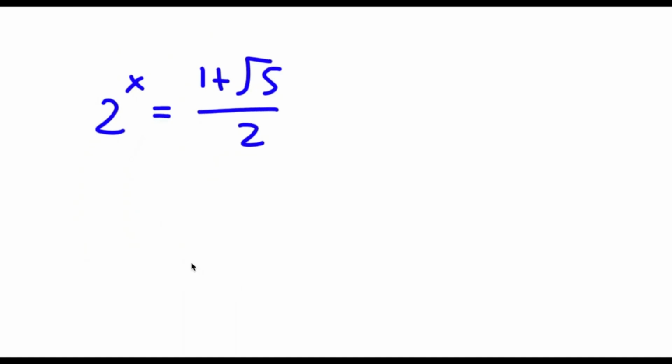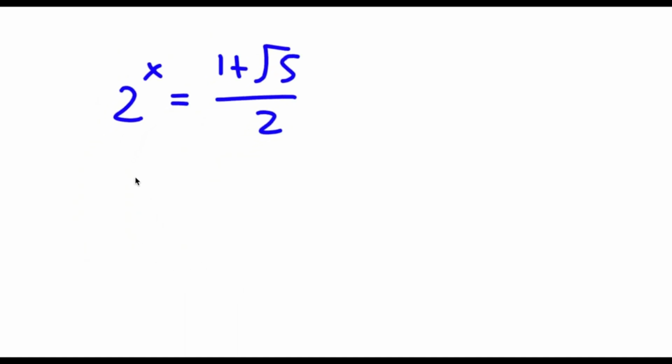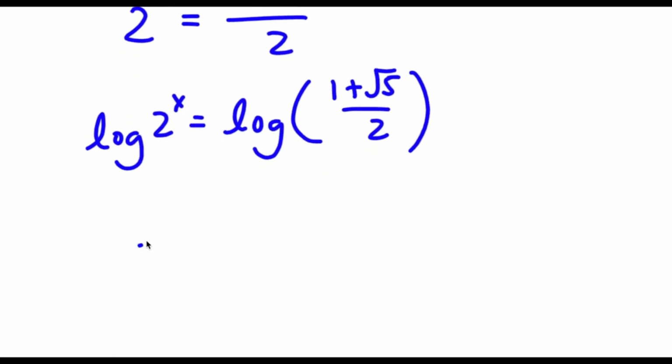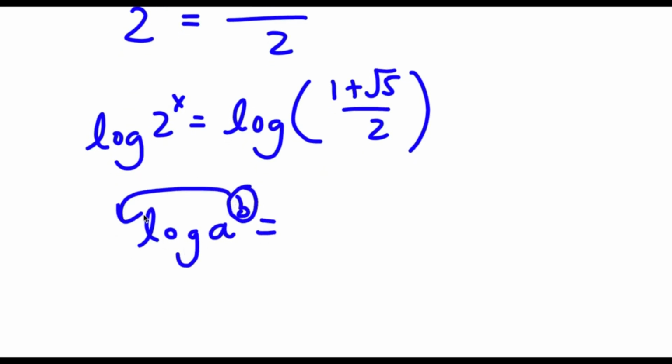So now, to solve this, I'm going to take the log on both sides. So now I have log of 2 to the power of x is equal to log of 1 plus the square root of 5 over 2. Now, an important property of logarithms is that if I have something in the form log of a to the power of b, I can move this exponent b to the front. So this can equal b times log a.